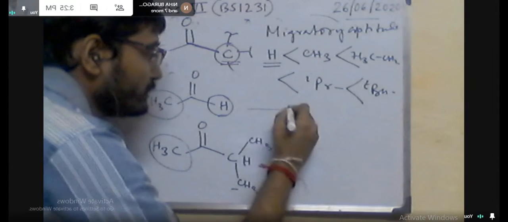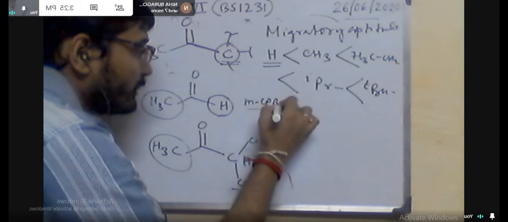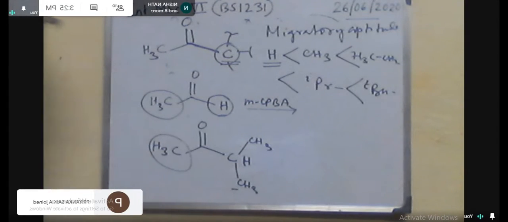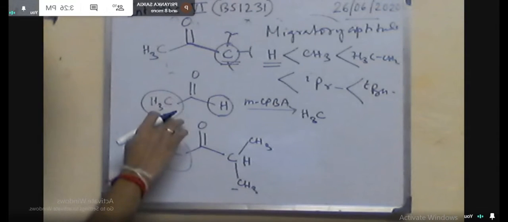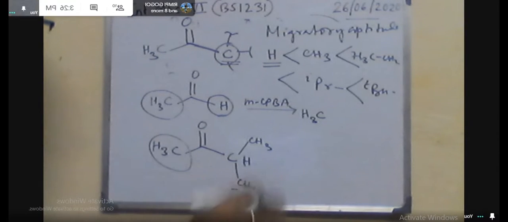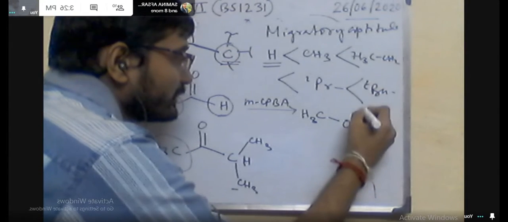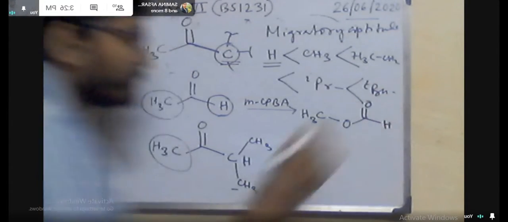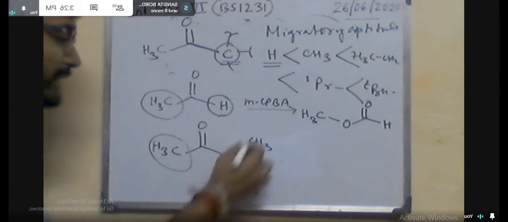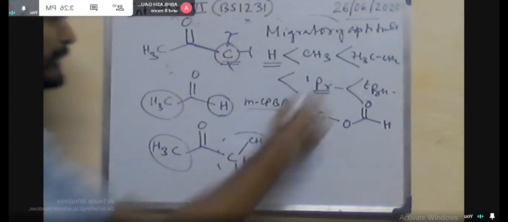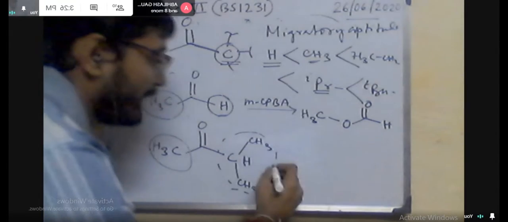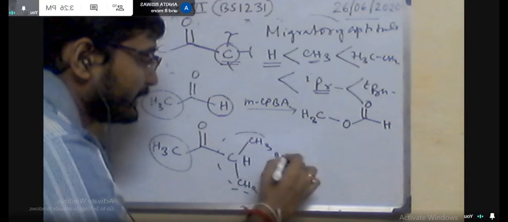So this will be the product, and here you can see this is the isopropyl group and it has the higher migratory aptitude than the methyl one. So by using the MCPBA you will get CH3 O isopropyl. So depending upon the migratory aptitude you will get different types of esters after completion of the Baeyer-Villiger oxidation.